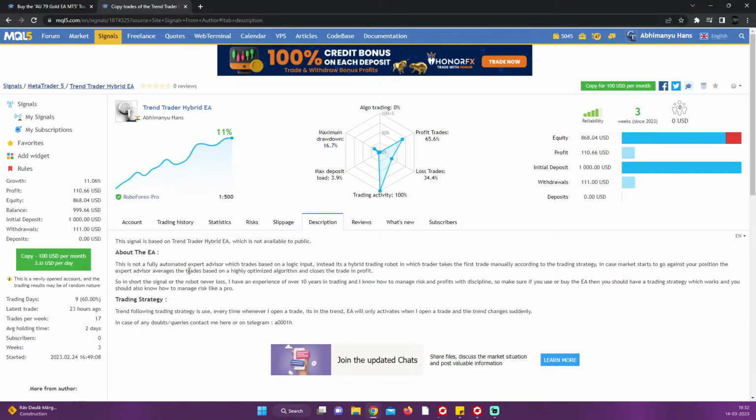So in this particular account, I take the trades manually, and my robot handles those trades for me, right? So these three types of trading I now do.